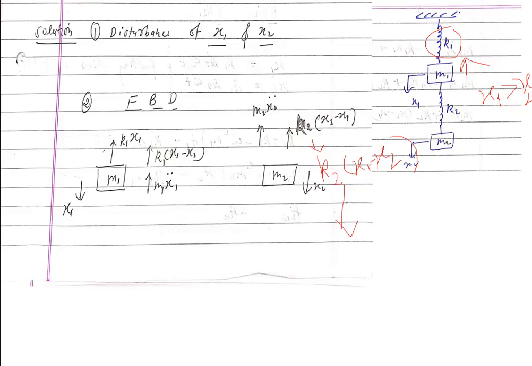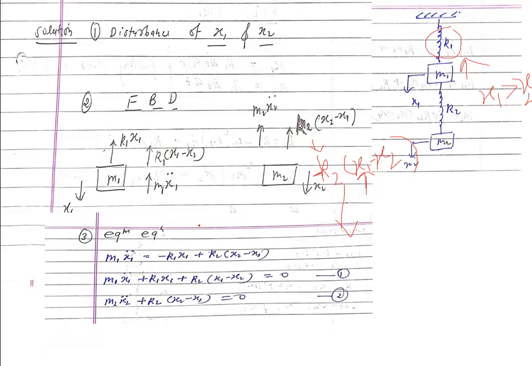Here x1 is assumed to be greater than x2, so the total force will be downward. I'm just writing this in the opposite direction, which means if we reverse the direction, we have to change the sign. So if it is minus, it will be in the upward direction, so this becomes x2 minus x1, which is the upward direction. Okay, I think you have understood the sign convention for these motions.